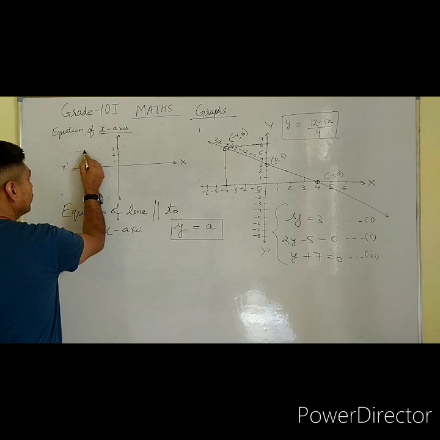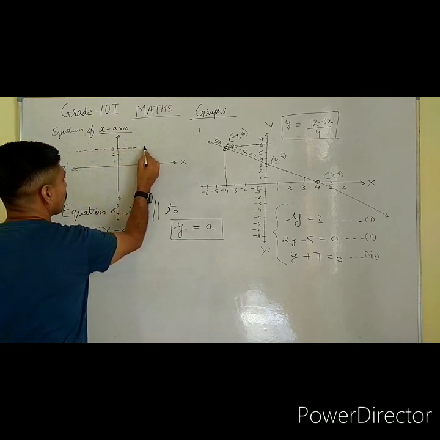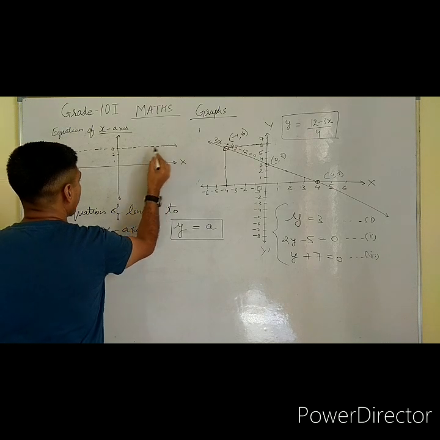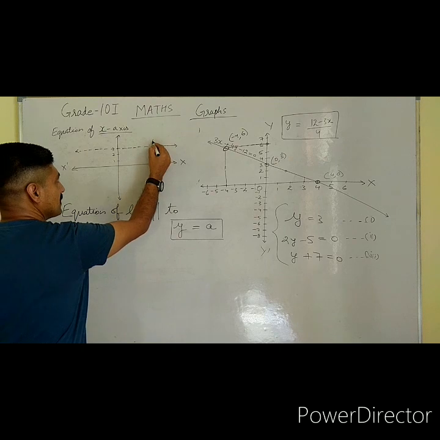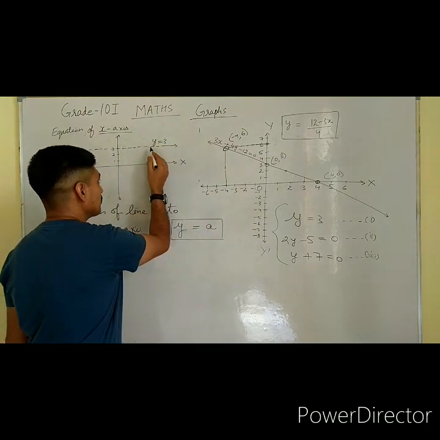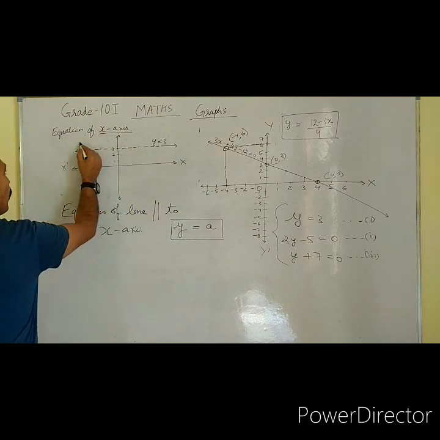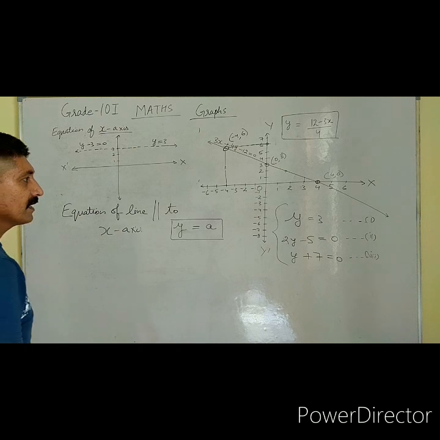This dotted line, the equation of this line, is always parallel to the x-axis. This is y is equal to 3, or we can also write this equation in this form, y minus 3 is equal to 0. This is one and the same thing.